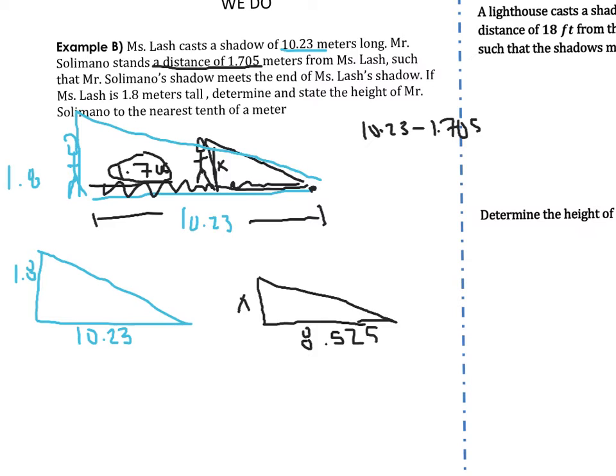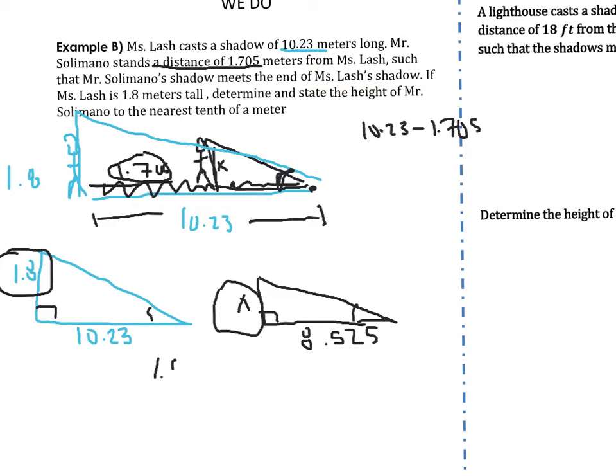So I had to figure out Mr. Salamano's shadow. Now we know this angle for both the blue and black triangle are the same. And we both know since they're standing, they're making 90-degree angles. And if we have two angles the same, we have similar triangles. So we could set up a proportion. So I'm going to put the heights on top of each other. Miss Lash's height over Mr. Salamano's height.